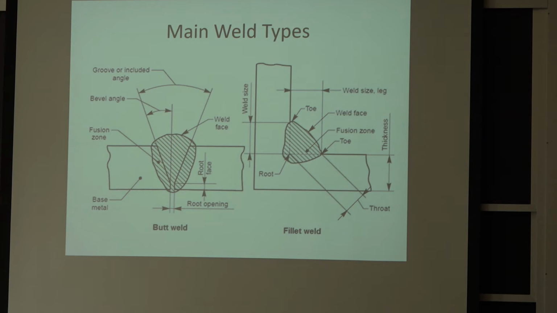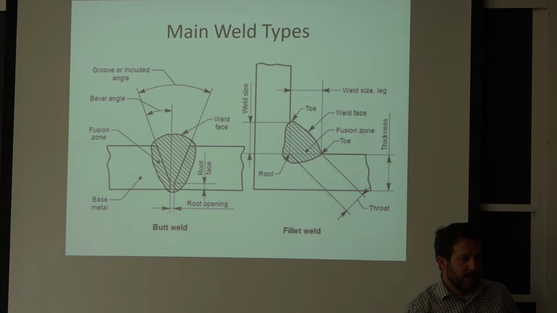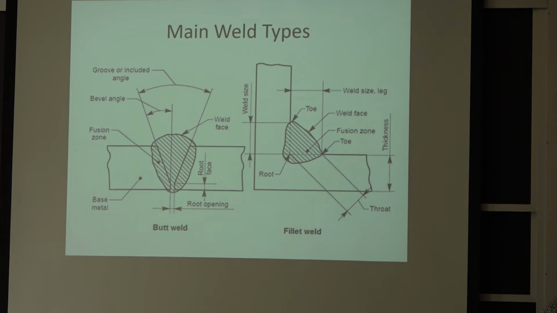So here we are talking about the code. These are excerpts from the code that give you basic information about naming things. The root of the weld is kind of the far side, and sometimes it is a site of a pre-crack if your weld doesn't go through the corners.